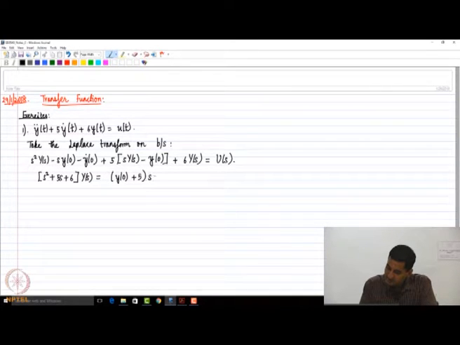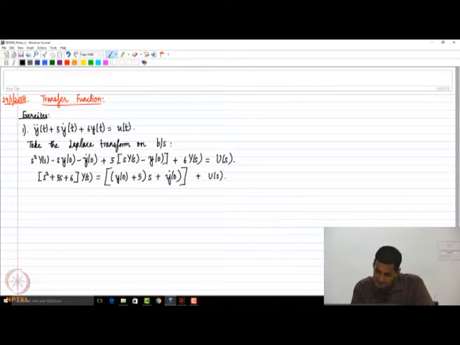If you look at the s term, I am going to get y0 times s, and the constant terms will be 5y0 plus y dot 0.